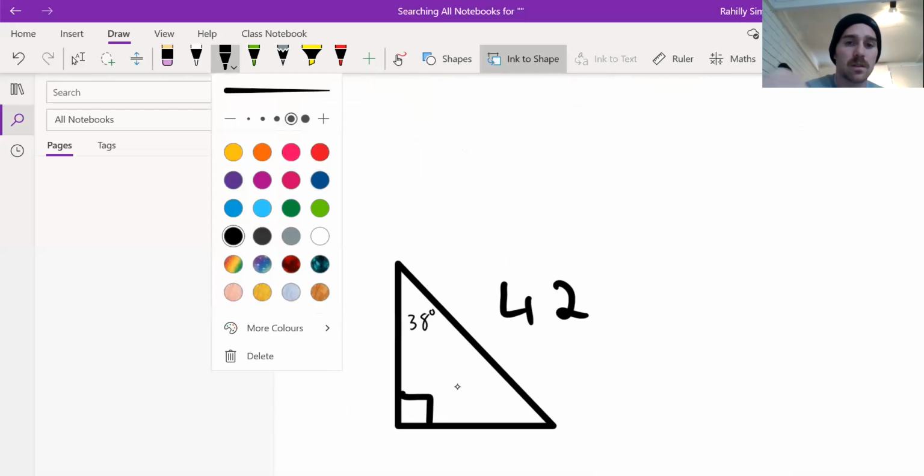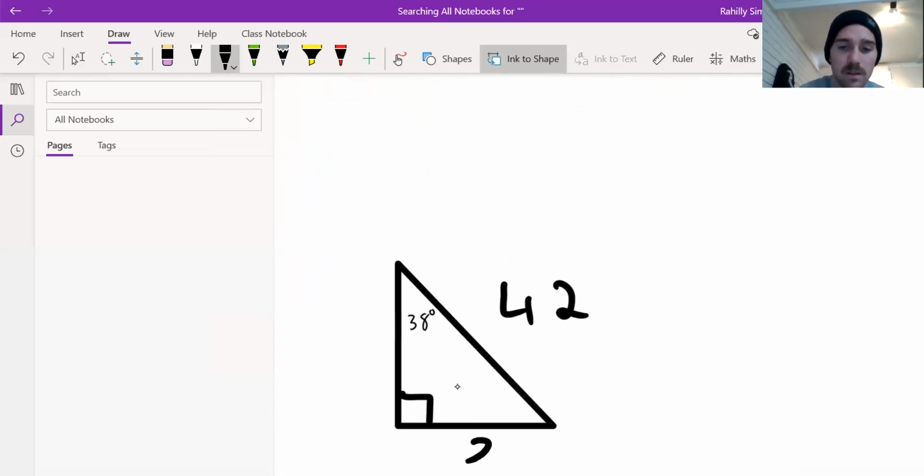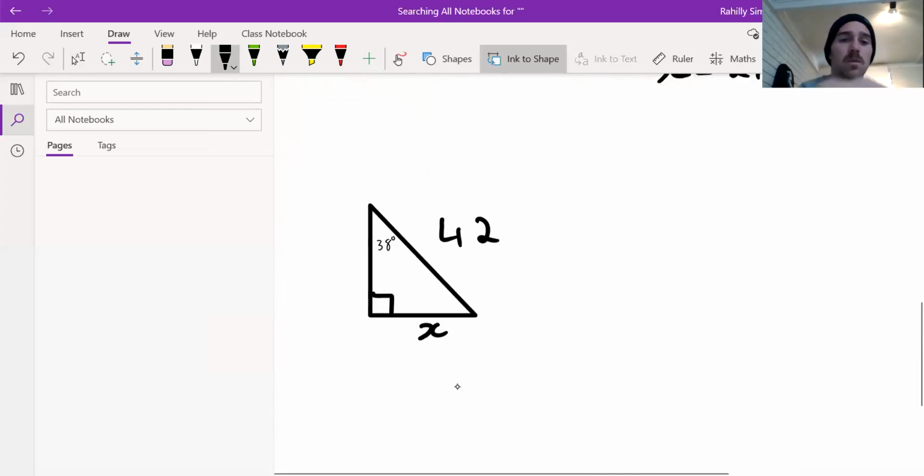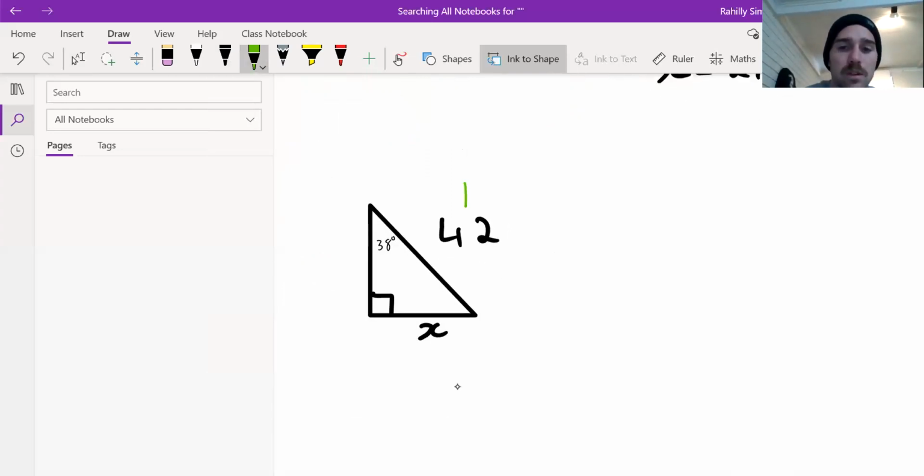And our unknown is x. Same thing, let's label our triangle. You've got our hypotenuse, which is opposite the right angle, and then we have the opposite of our angle, which is O, and that leaves us with adjacent on this side.